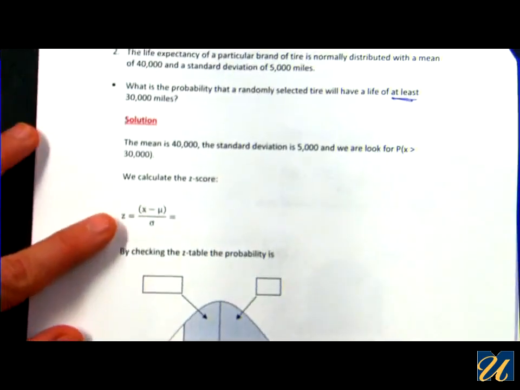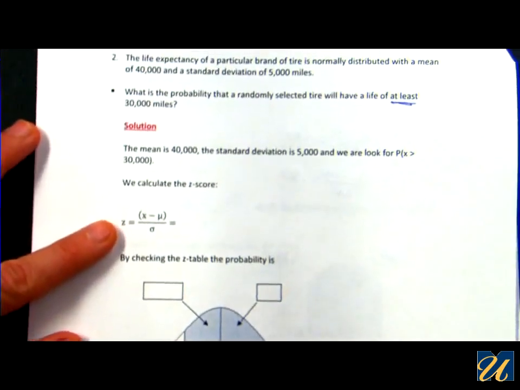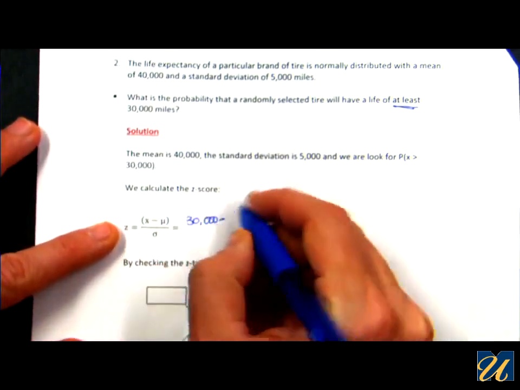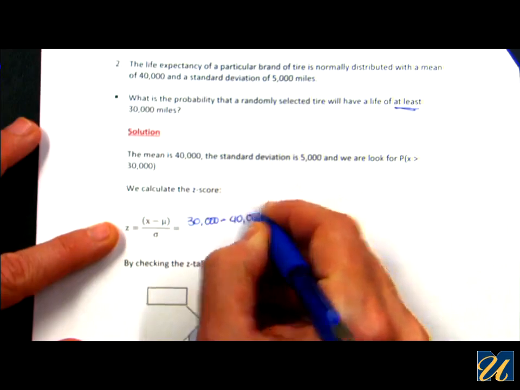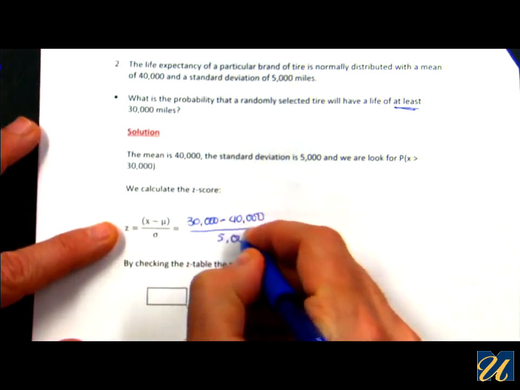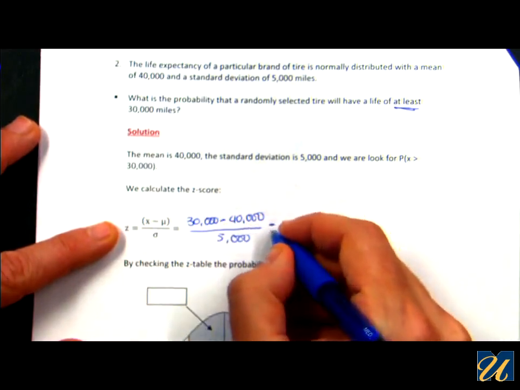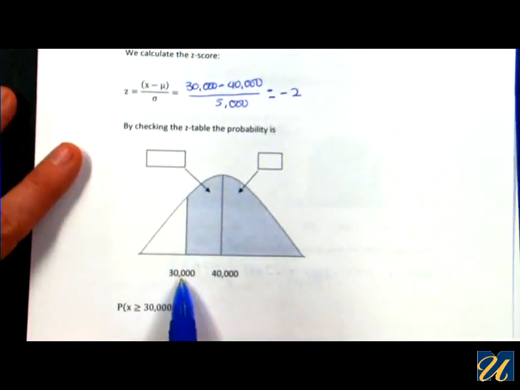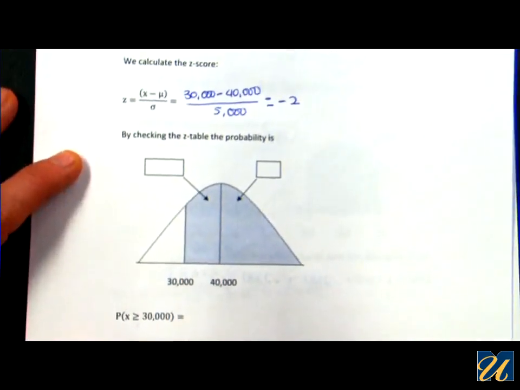We calculate the z-score for 30,000. 30,000 minus 40,000 over sigma, which is 5,000, the standard deviation. So your z-score will be -2, and of course we expect it to be negative, since 30,000 is less than the mean, which is 40,000.